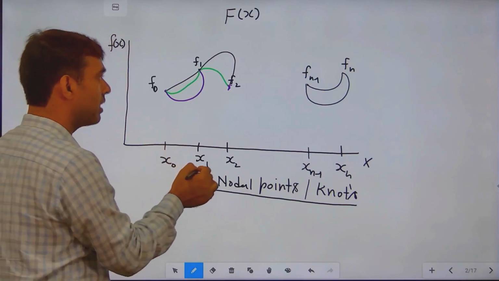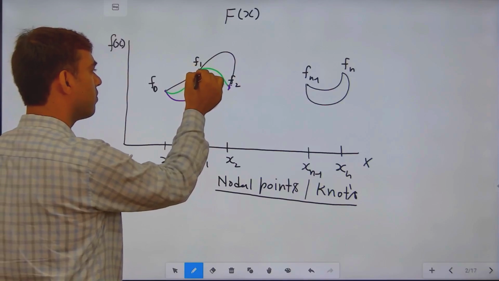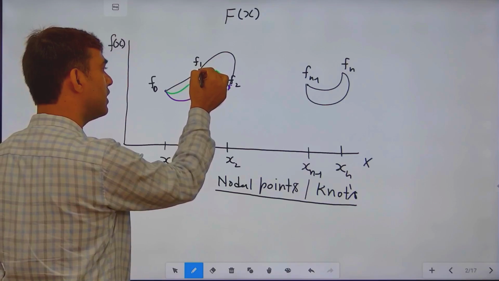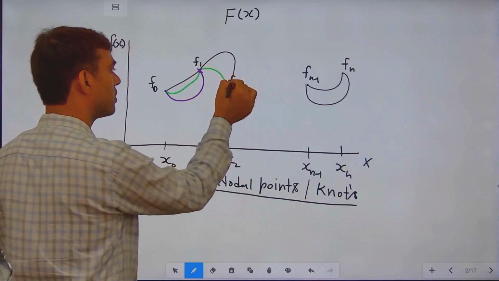In case of a spline interpolation, the derivative of a function must be continuous at their knots.